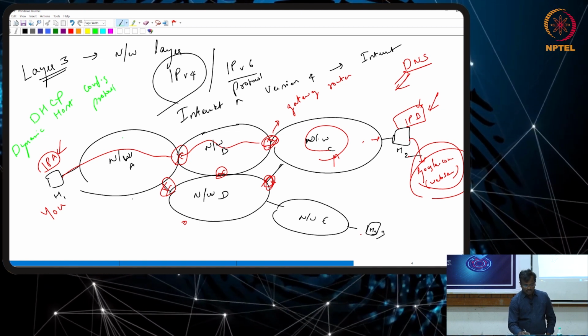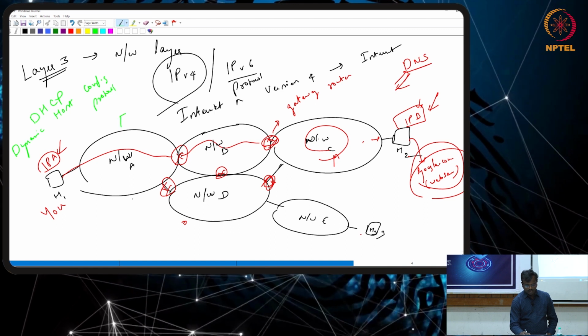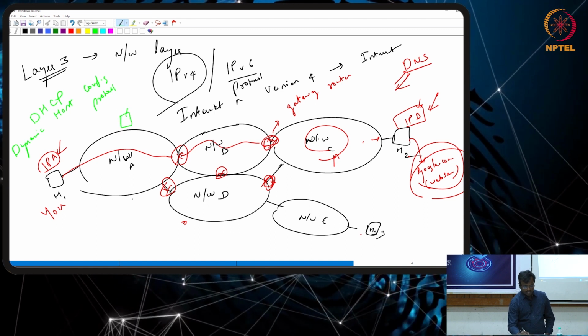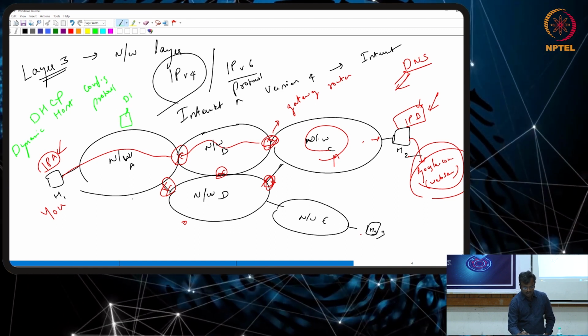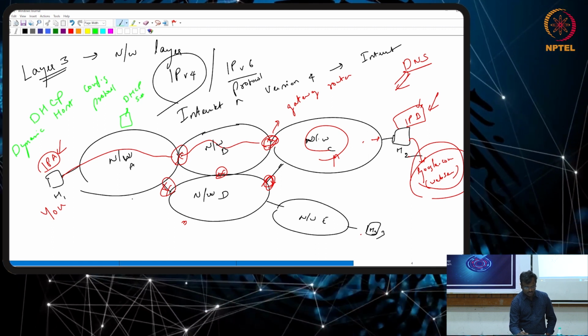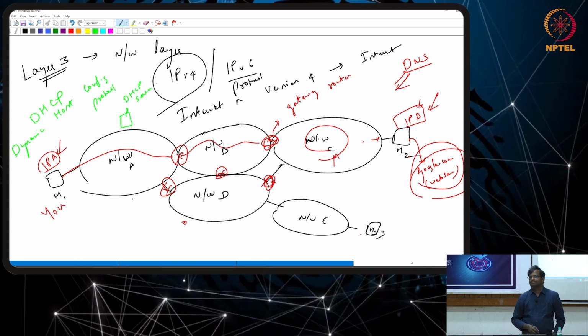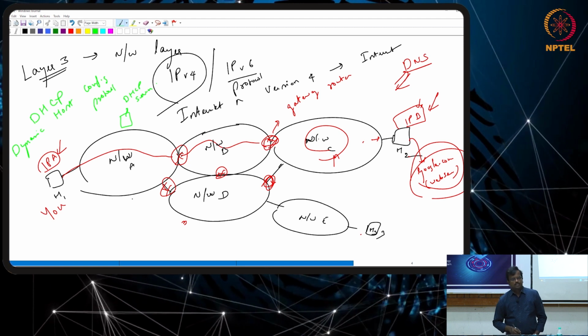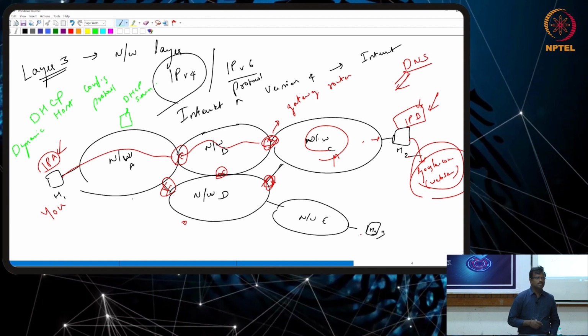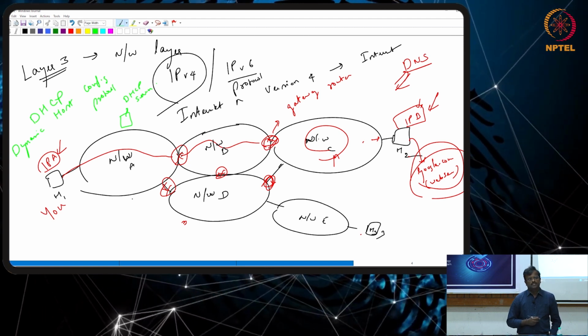Typically, enterprise networks run an application layer on a server, which is a DHCP server. This DHCP server's job is to listen for DHCP packets.